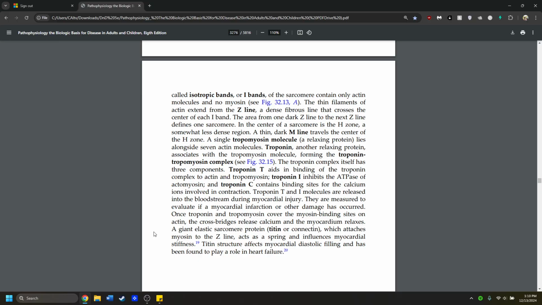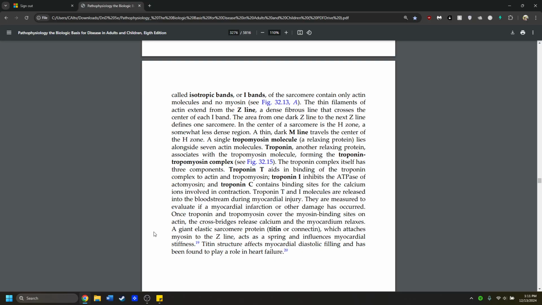A single tropomyosin molecule, a relaxing protein, lies alongside 7 actin molecules. Troponin, another relaxing protein, is associated with the tropomyosin molecule, forming the troponin-tropomyosin complex. The troponin complex itself has 3 components. Troponin T aids in binding of the troponin complex to actin and tropomyosin.